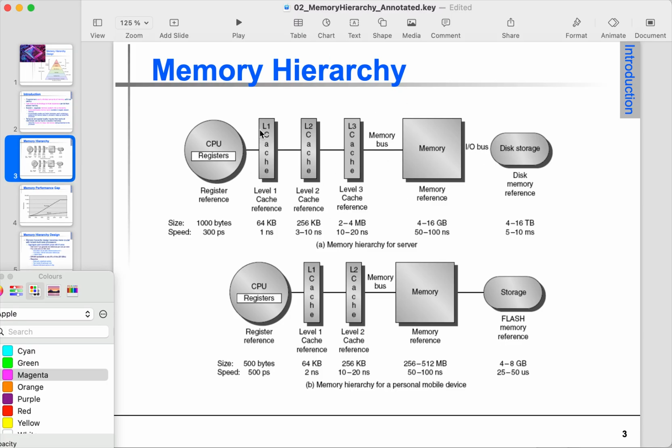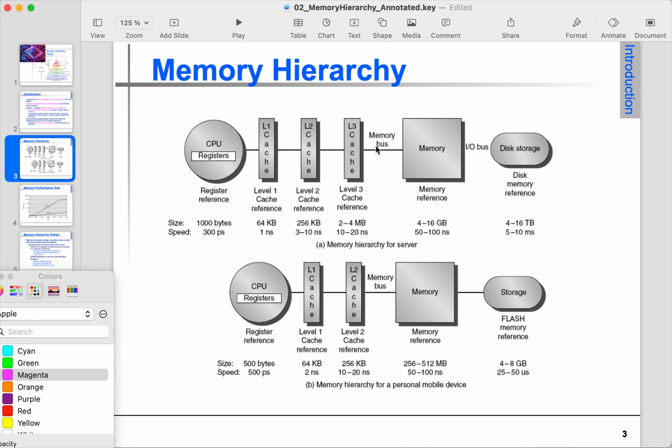Level 1 cache will be the next closest to registers in terms of speed and cost. Then we have level 2 cache and level 3 cache, and the reason we have all these levels is, again, the cost and the speed. The slower they are, the cheaper they are, and the larger amount of them we can afford to place into our system.